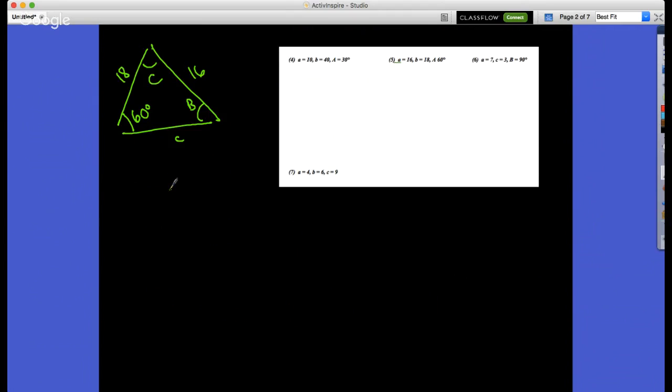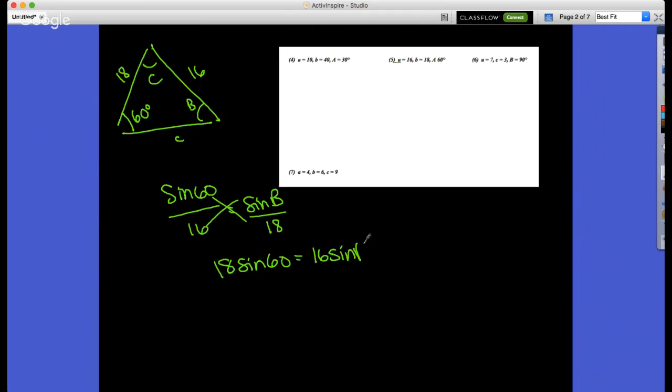And so I'll have sine of 60 over 16 equals the sine of big B over 18. Okay? Cross multiply: 18 sine of 60 equals 16 sine of B. Divide by 16, and we're going to take the inverse once we complete that.